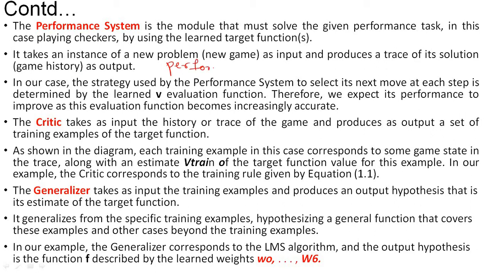We have developed a system and the system is ready. For example, our checker system: we have assigned all the values, and it has learned how to correct the error and everything. Now we have to provide a new input to that machine, which is a new game.